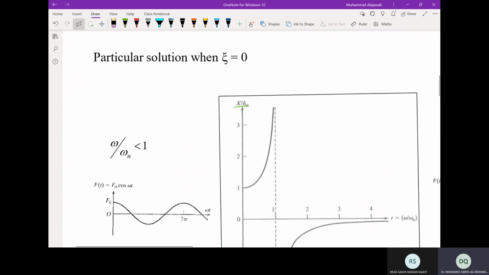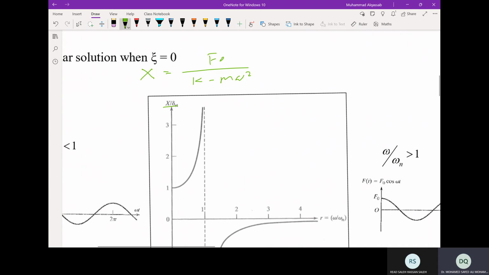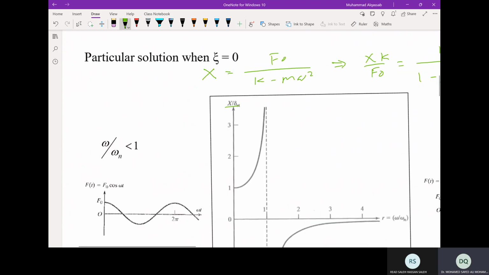So the amplitude ratio, where X equals f naught over k minus m omega squared, you can put as the amplitude ratio X k over f naught equals 1 over 1 minus omega over omega n, squared. This is the amplitude of the particular solution.